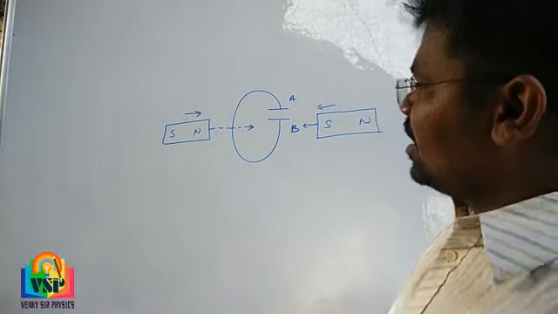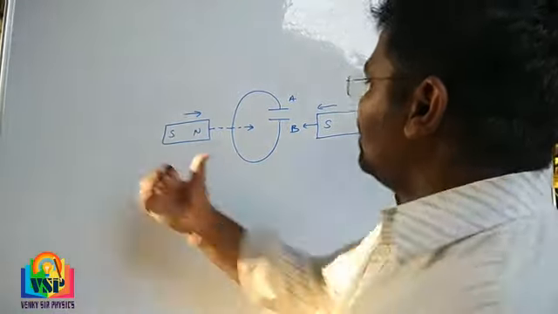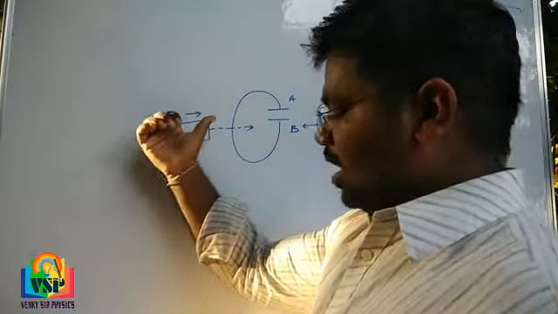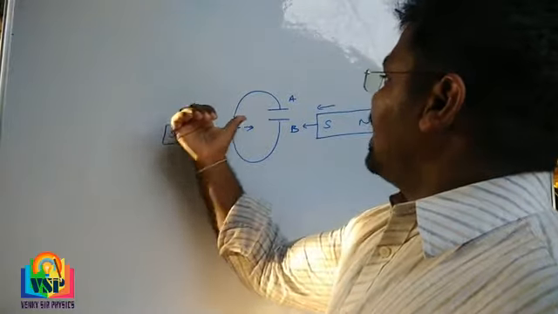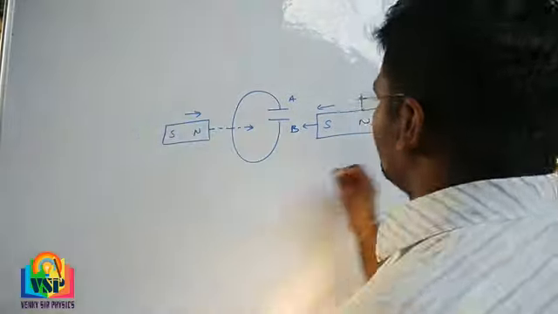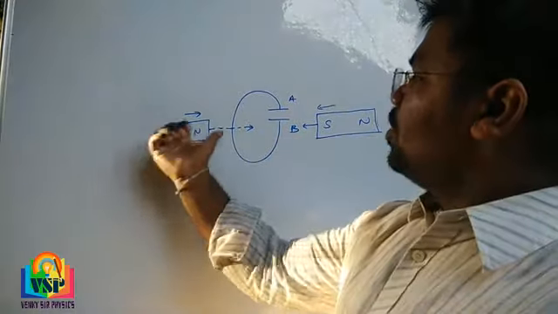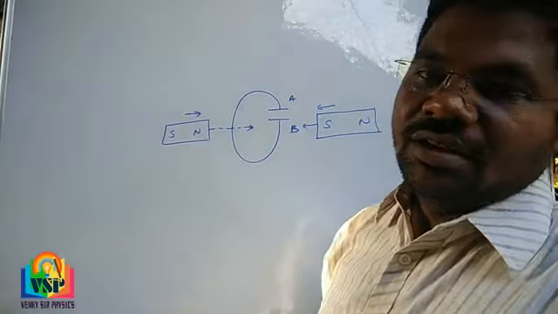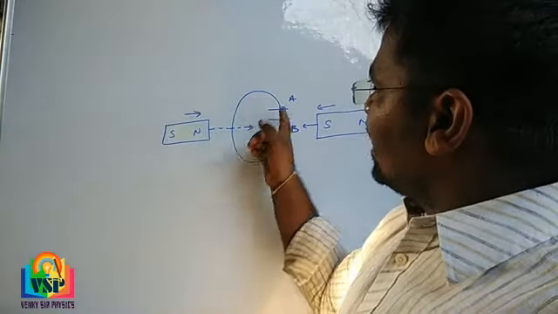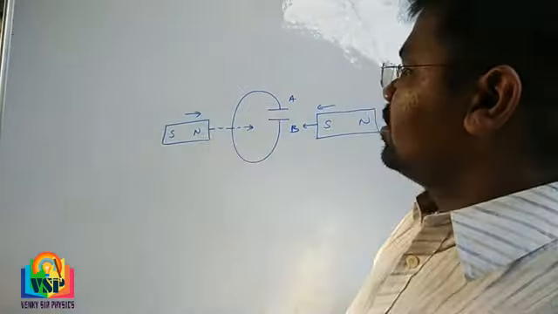See here, north is entering into the coil, here south is entering into the coil, both sides. Here the north pole approaches the coil, so the induced current opposes the north pole. Understand?